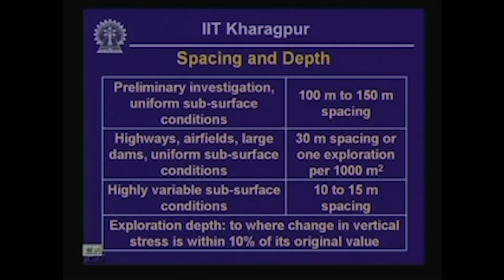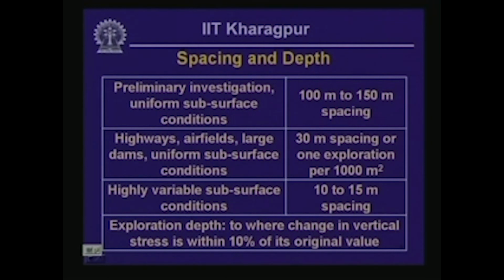A guideline in this respect is given in this table. If you have a preliminary investigation and uniform subsurface conditions, then a spacing of 100 to 150 meters between two consecutive investigation locations is often considered sufficient.